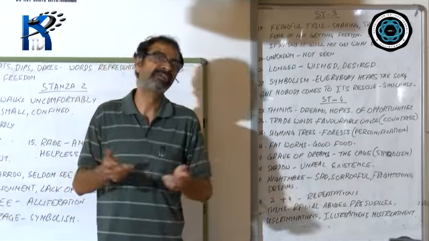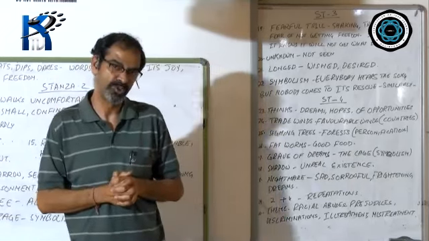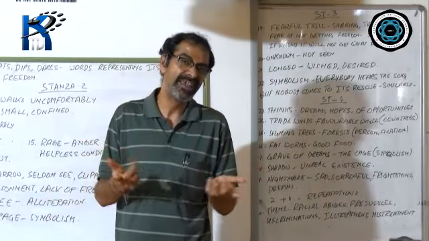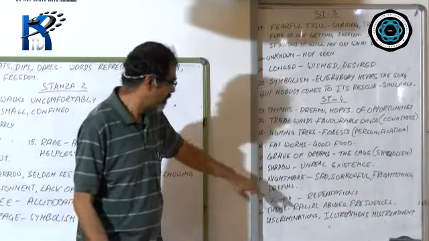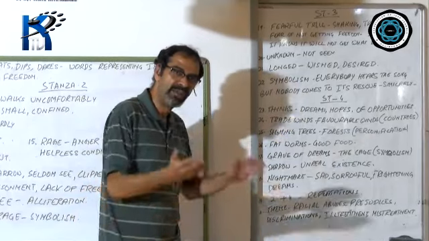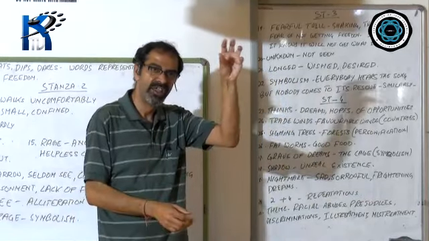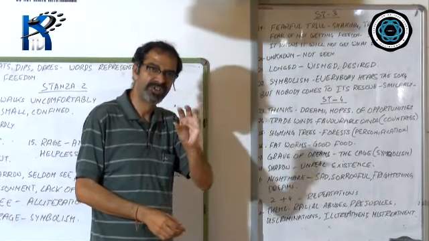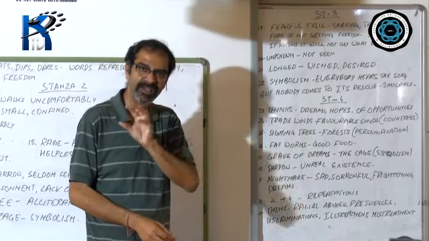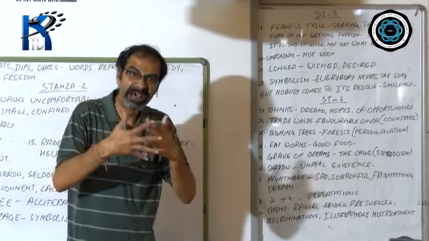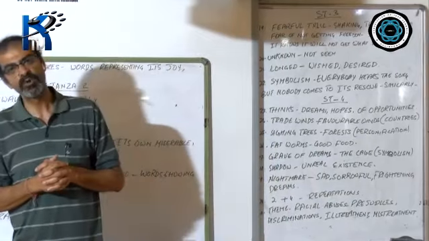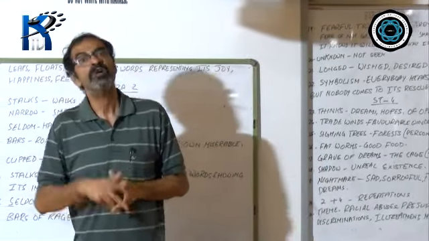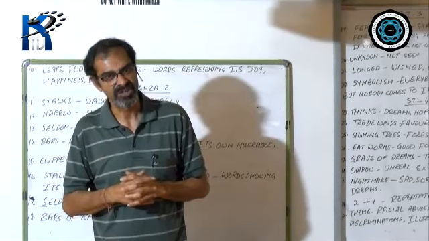You can call it juxtaposition also, because you will see that stanzas have been interspersed: free, caged, caged, free, caged, caged. They have been intermixed. This juxtaposition has been done to bring out that contrast.